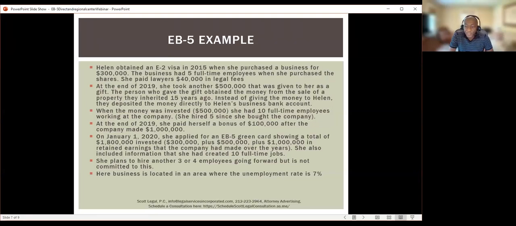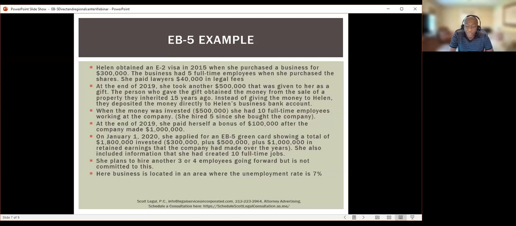When the money was invested, now we're at 2019, there were 10 full-time employees. So she hired 5 since she bought the company, because remember, she had 5 initially. And at the end of 2019, she wanted to pay herself some money, so she paid herself a bonus of $100,000 after the company made some money.